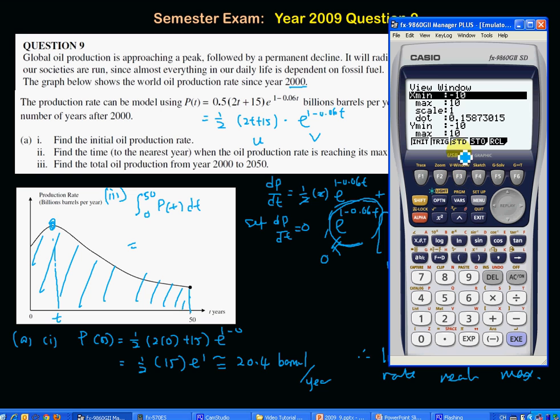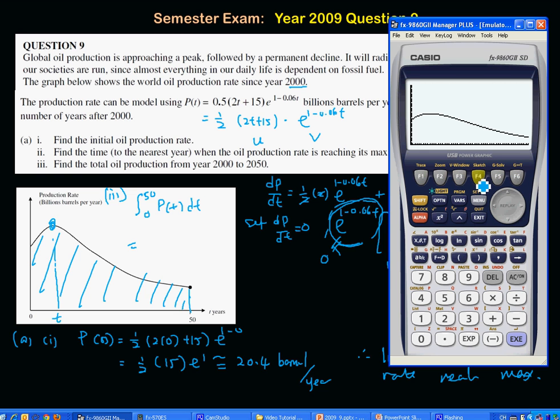I'm going to set the time, or the x-axis, the horizontal one, from 0 to say 55. It should be 50, but 55 is just nice. The production rate wouldn't be 0, as you can see. I'll take a guess and put 50 billion barrels. Okay, just nice. I got what I need.